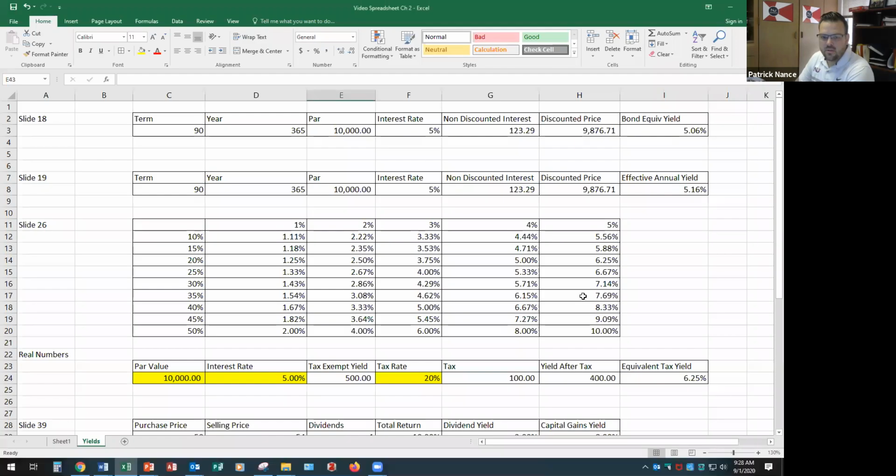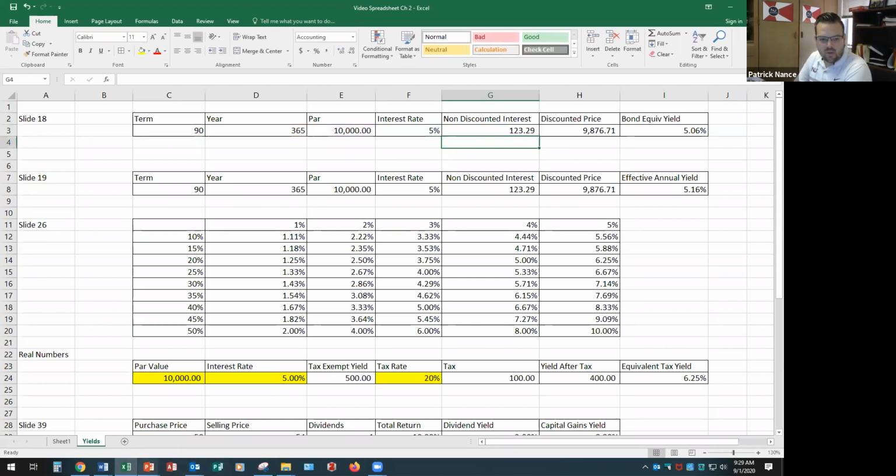And I'll show you in Excel that they did a little bit of rounding here on their calculation. If I take my 90 days, 365-day year, my $10,000 par, my stated interest rate of 5%, my non-discounted interest, all I did was take 10,000 times 5% and multiply that by 90 divided by 365, and I got 123.29.